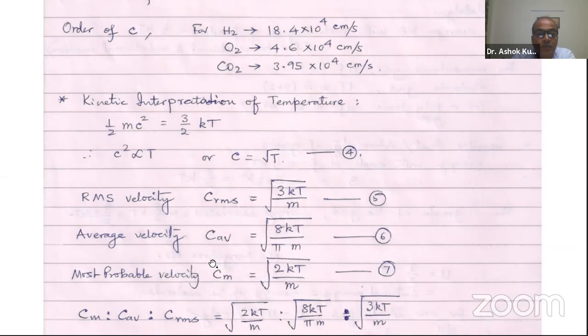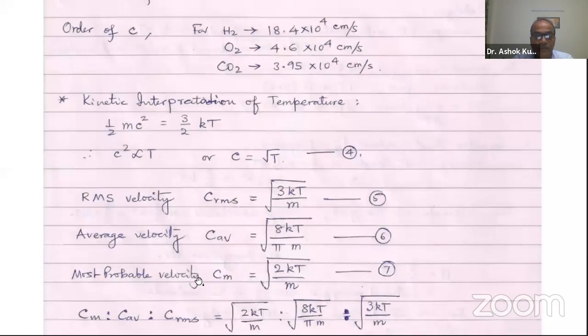And most probable velocity is that velocity which is acquired by most of the molecules. Now, these three things are different. All the three need not be equal. RMS velocity is the root of the mean of the squares of the velocities. Average velocity is the simple average of different velocities, or the mean.